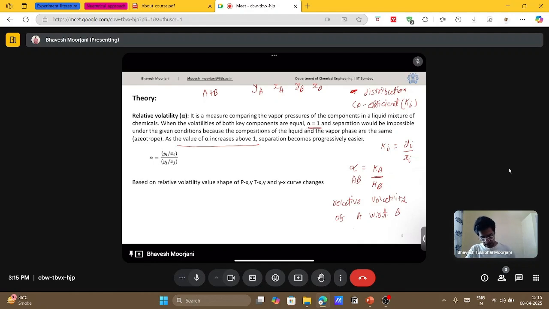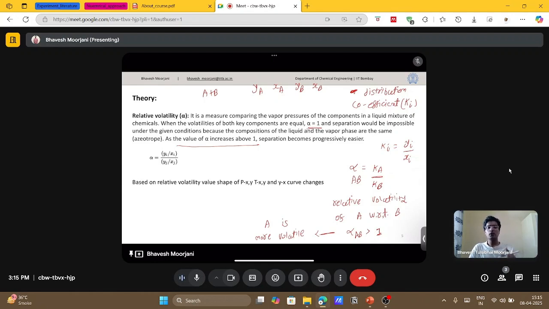So if alpha AB is greater than 1, this indicates that A is more volatile. How can we say that? If alpha AB is greater than 1, that means Ka is greater than Kb, which means the ratio of vapor fraction to liquid fraction for component A is more.